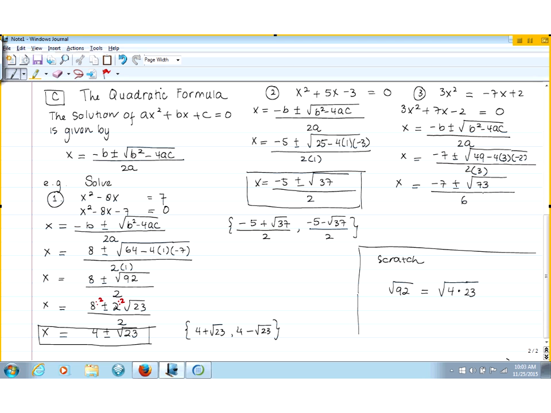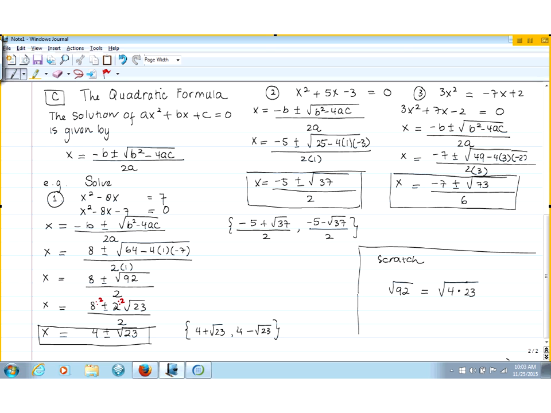So square root of 73. Can we simplify? Yes, no? Can we factor out the largest perfect square from 73? Yes or no? No, so we're done. Okay.